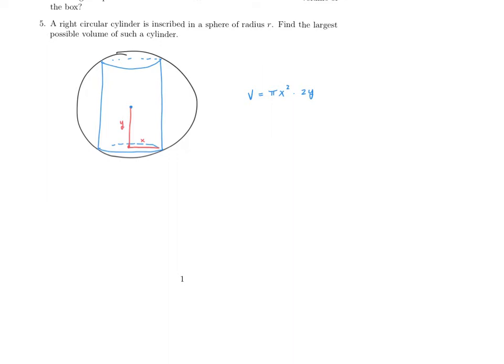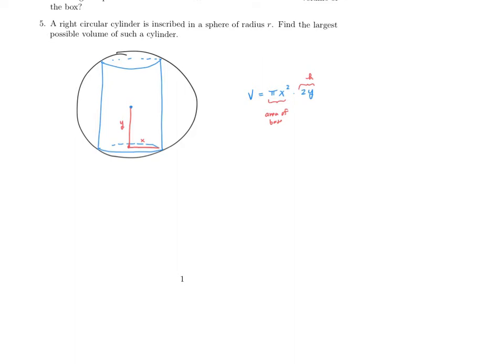And note once again, this is a common formula. Pi times x squared would be the area of the base of the cylinder, and 2 times y corresponds to its height. And in order for us to use calculus to maximize this volume, what we need to do is write it in terms of a single variable, either x or y.